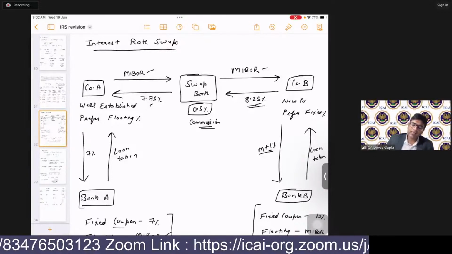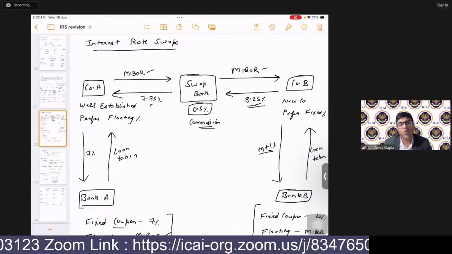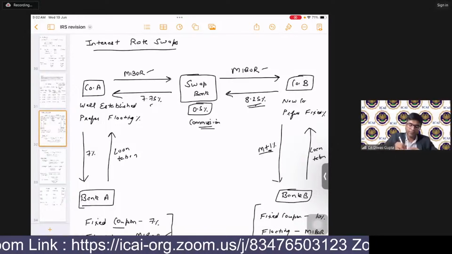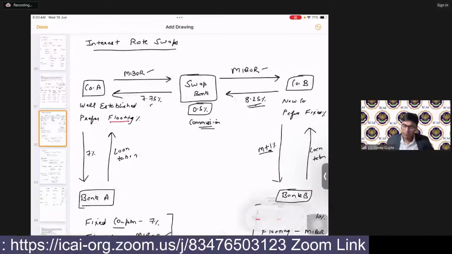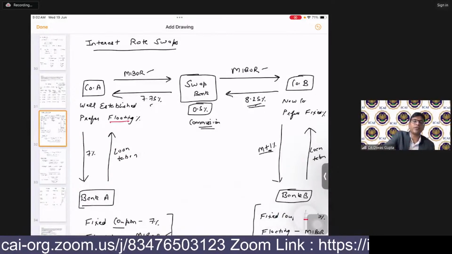So what they say is that today, if we want to borrow something, we will borrow it using the floating rate of interest. So they will prefer floating rate of interest.